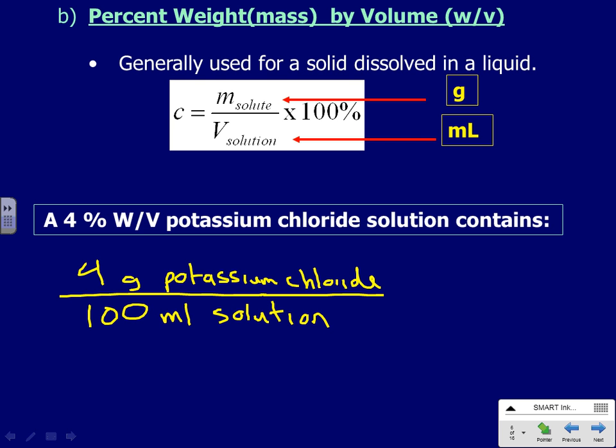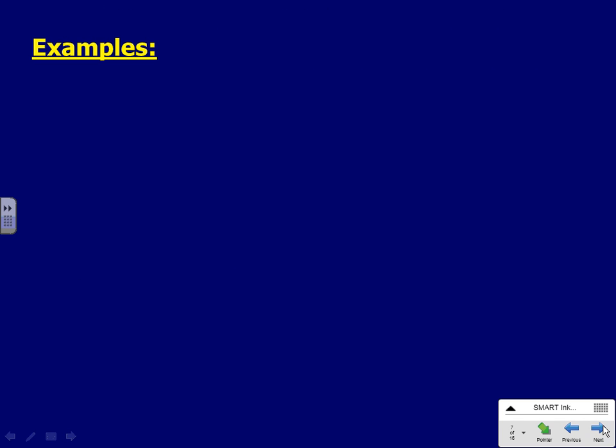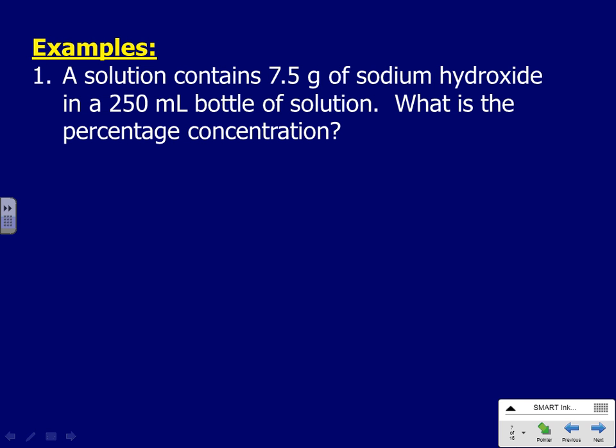Let's do a couple of examples. There is a trend to my examples.